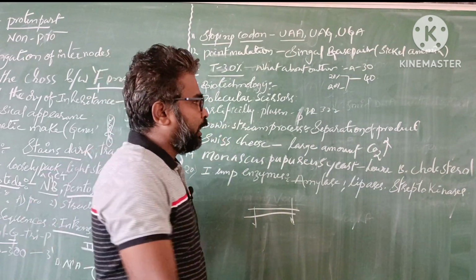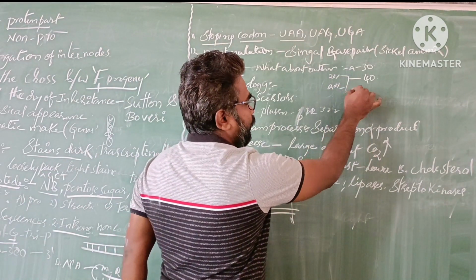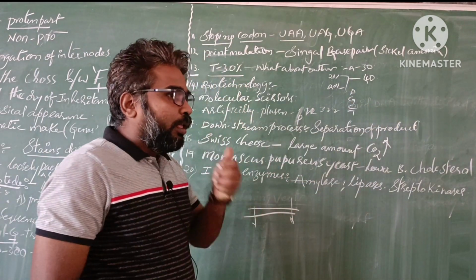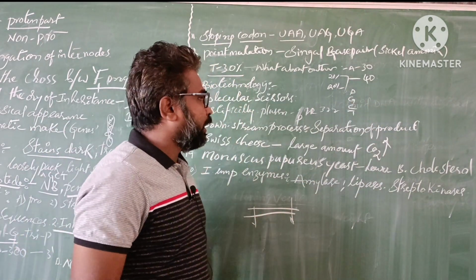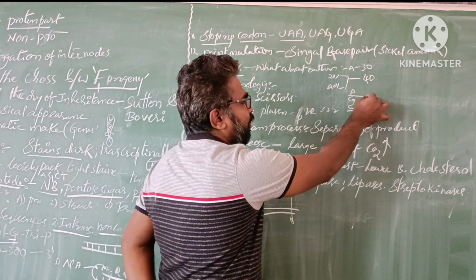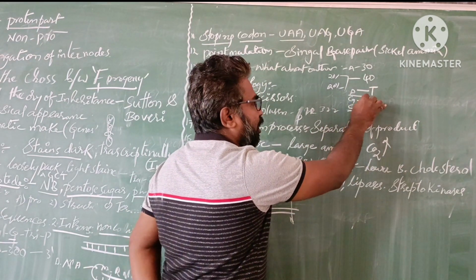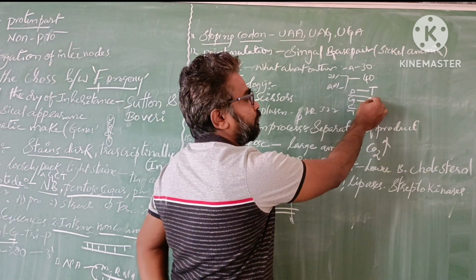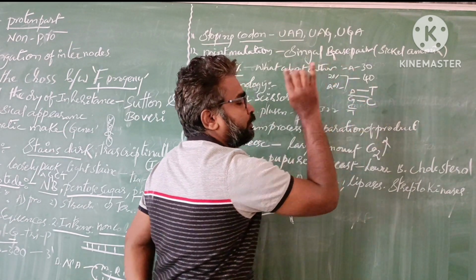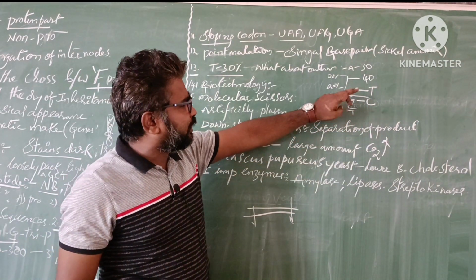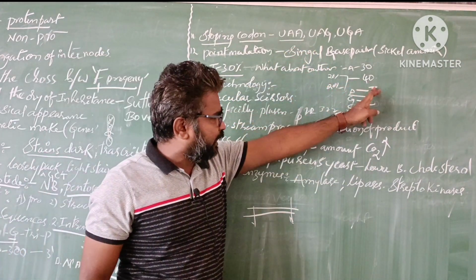Four types are there: adenine, guanine, cytosine, thymine. Adenine always pairs with thymine. Guanine always pairs with cytosine. Means if adenine is 30%, thymine is 30%.